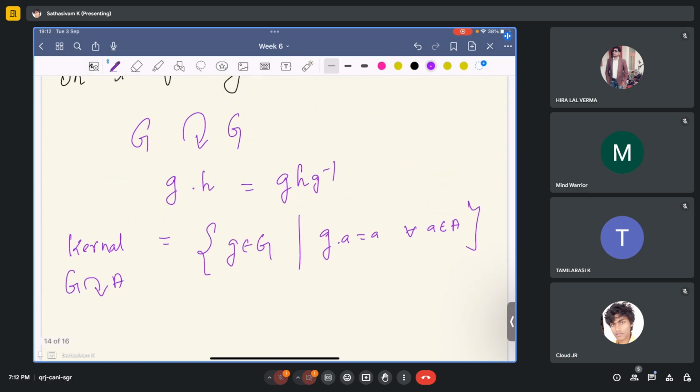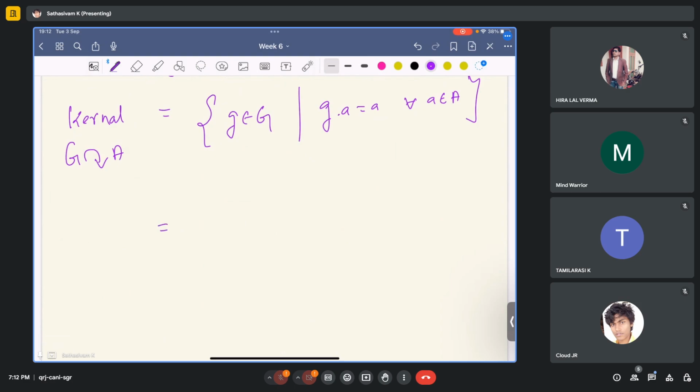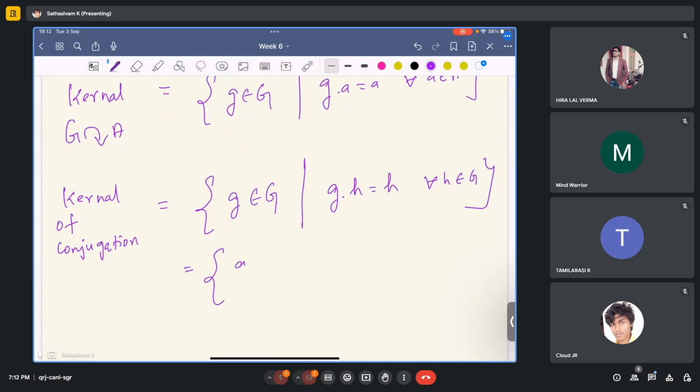Let's compute the kernel for this particular action, probably writing it as the kernel of conjugation. It is the set of all G in G such that G dot H is equal to H for all H in G, right? So what is G dot H? It is the set of all G in G such that G H G inverse equals H for all H in G.